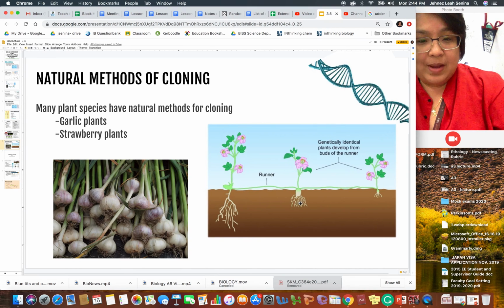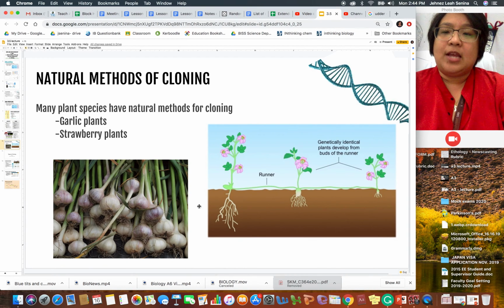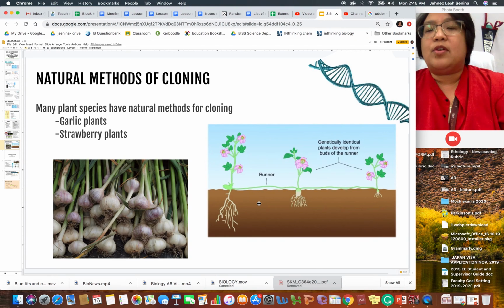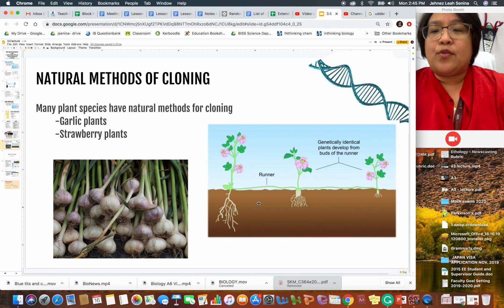So this plant is from this leaf, which is from this stem, from this plant. So this plant right here is identical to the plant here. The cells of this plant are identical to the cells of these plants that came from this parent cell. So you have to know these two examples of natural methods of cloning for your plants.